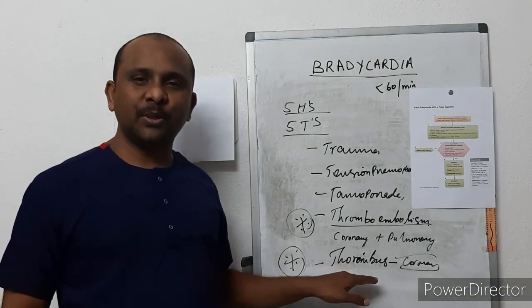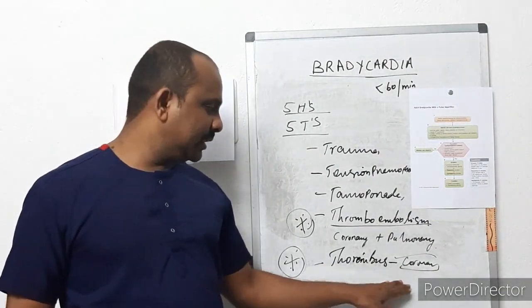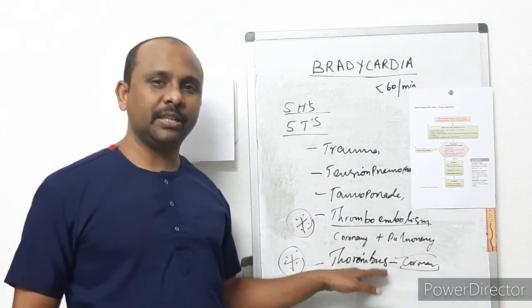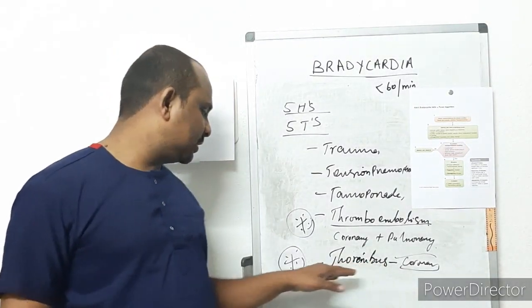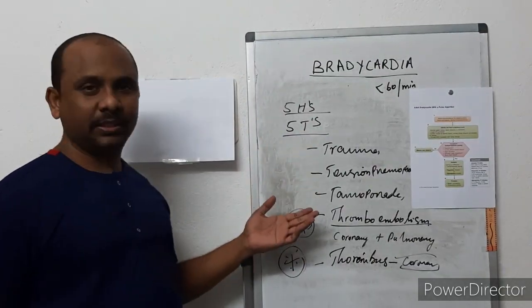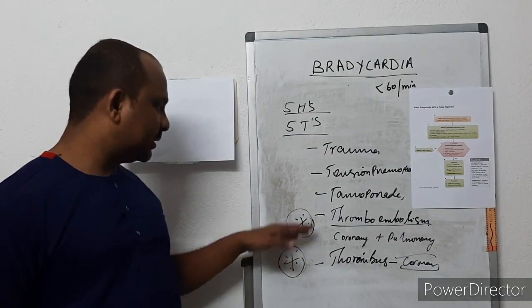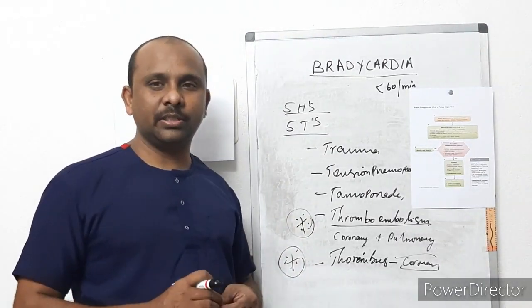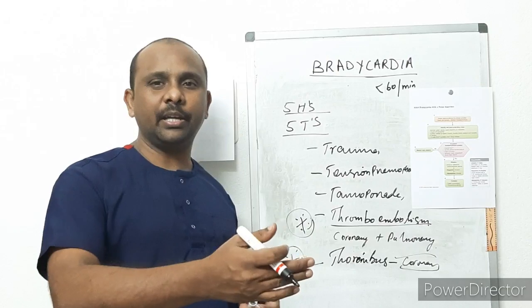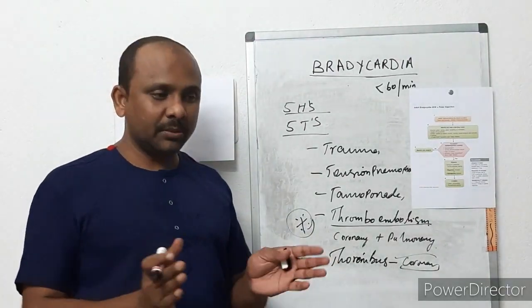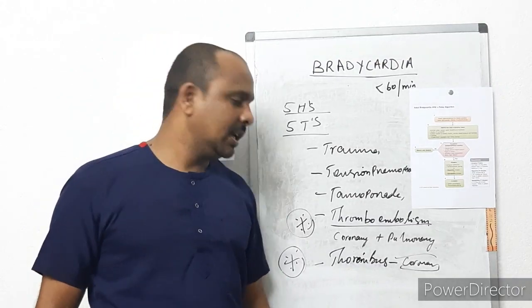Coronary thrombus, MI, acute coronary syndromes produce bradycardia more often than the other causes. The second most vulnerable cause is pulmonary embolism. The next is toxins and other organ problems like CKD, which produces hyperkalemia. All these you will see causing bradycardia more often in clinical settings.